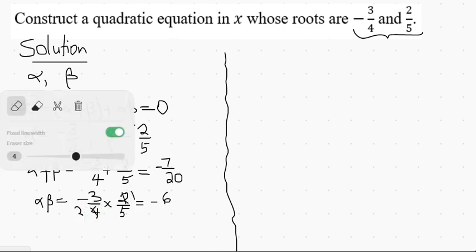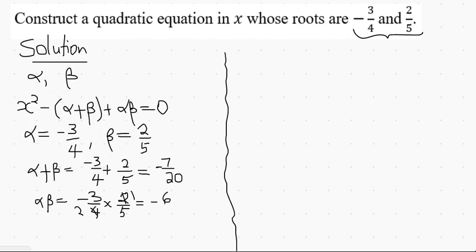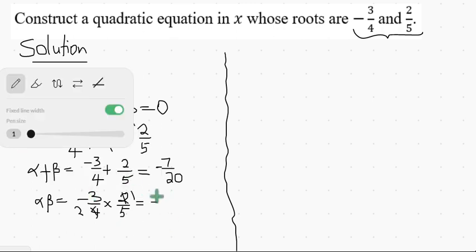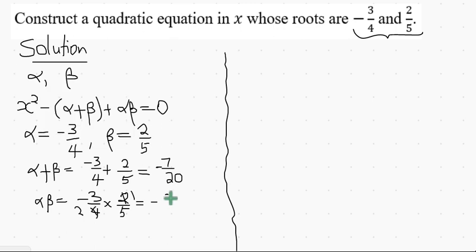Since we've broken down to the lowest term, this is going to be negative 3 by 10. Now you have the product and you have the sum of the roots of the equation.